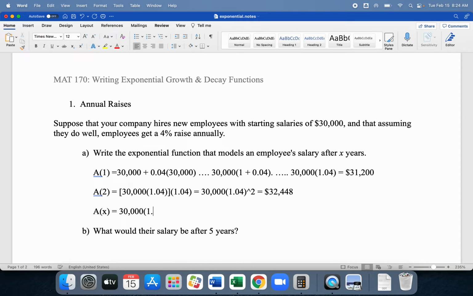And then depending on how many years I'm looking into the future, I'm going to multiply by 1.04 some number of times.